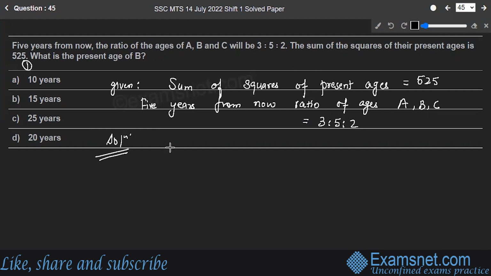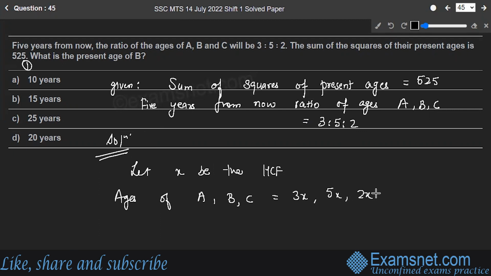First of all, let x be the common factor, the HCF, highest common factor. Therefore, the ages of A, B, and C will be equal to 3x, 5x, and 2x, because this is 5 years from now, right?